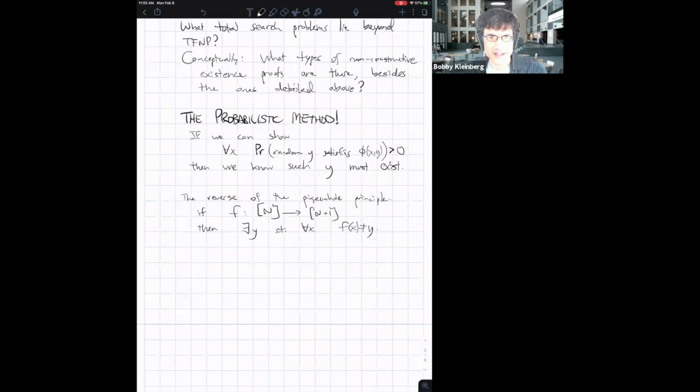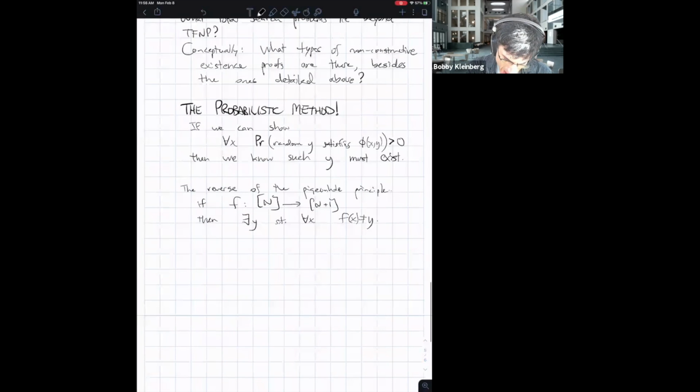The probabilistic method proof of this says pick a random y. There are n inputs x, each has 1/(n+1) probability of hitting y. So the combined probability of those events is less than 1, so there must be a y that is not hit by any x. It's overkill to call this the probabilistic method. It's really, more basically, a counting argument.